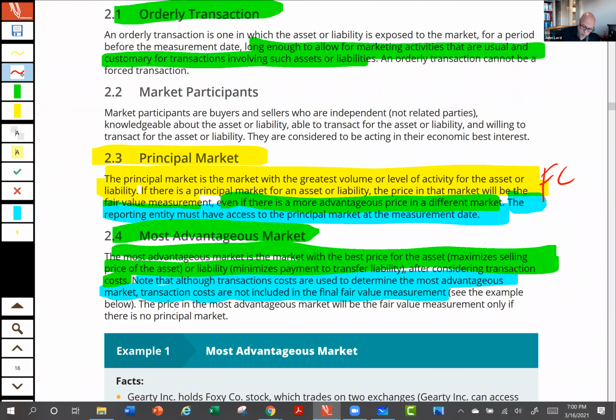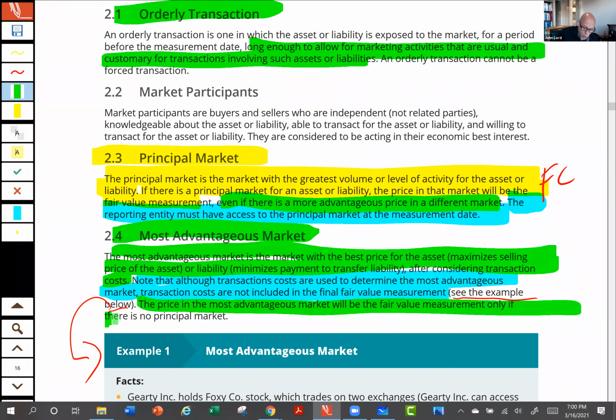See example, we will. And when you see that example below, you will totally understand it. And then the price of this most advantageous market will be the fair value measure only if there is no principal market.